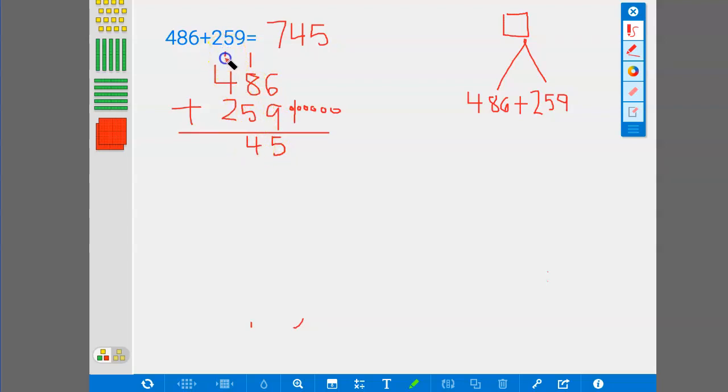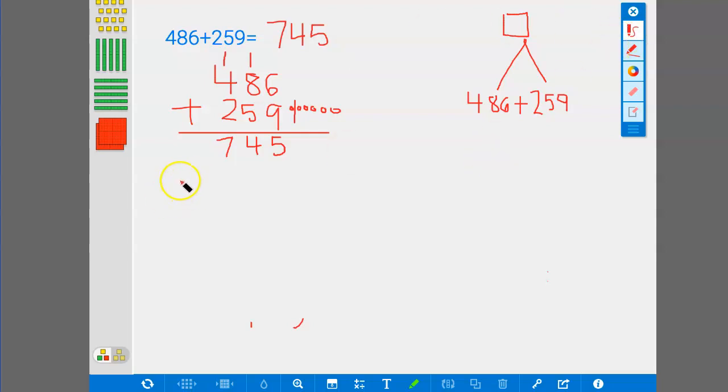So then I regroup that 100, because now remember how we said that was 14 tens? 14 tens makes 140. Then we're going to add our hundreds. 100 plus 400 is 500, plus 200 is 700. 745. And there's our answer right there, 745.